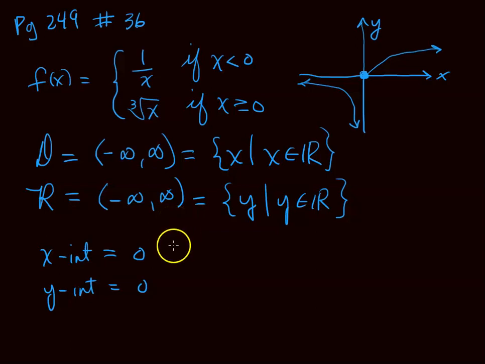So, the next one, number 44. This gives you a graph and then asks you to write the piecewise function.